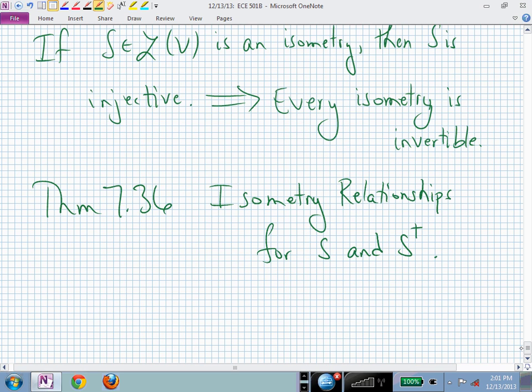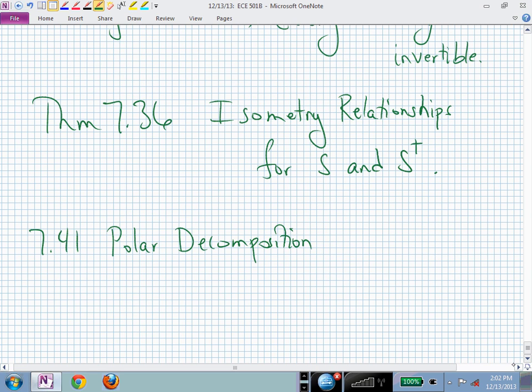The reason why we looked at positive operators and isometries, now we can start to think about complex numbers and what they transfer or translate, or their analogy, into linear maps. Meaning, now we have theorem 7.41 dealing with a polar decomposition.